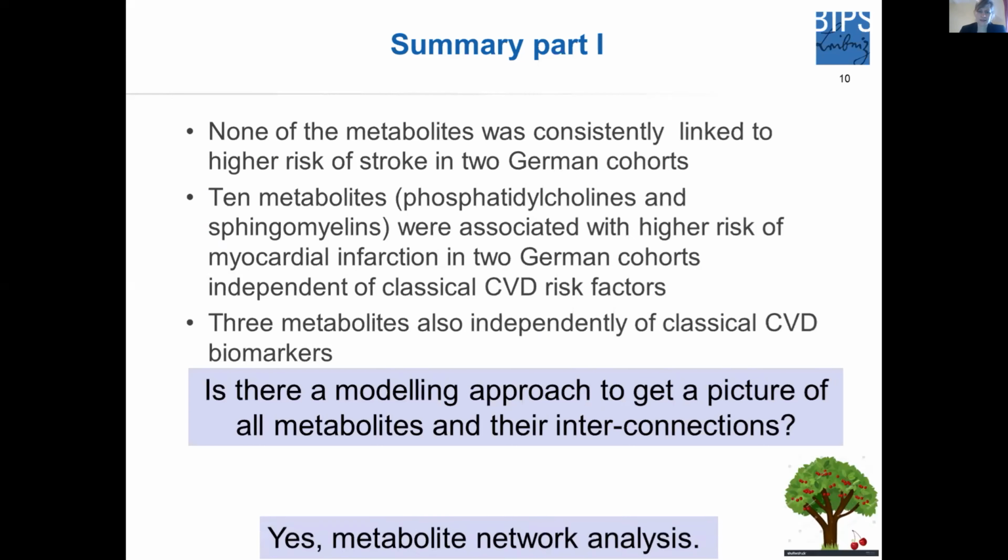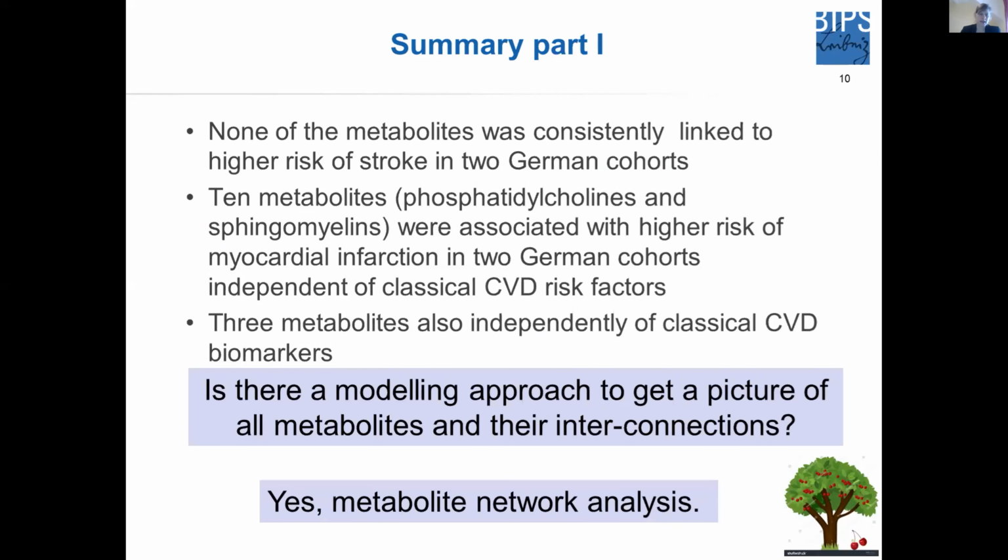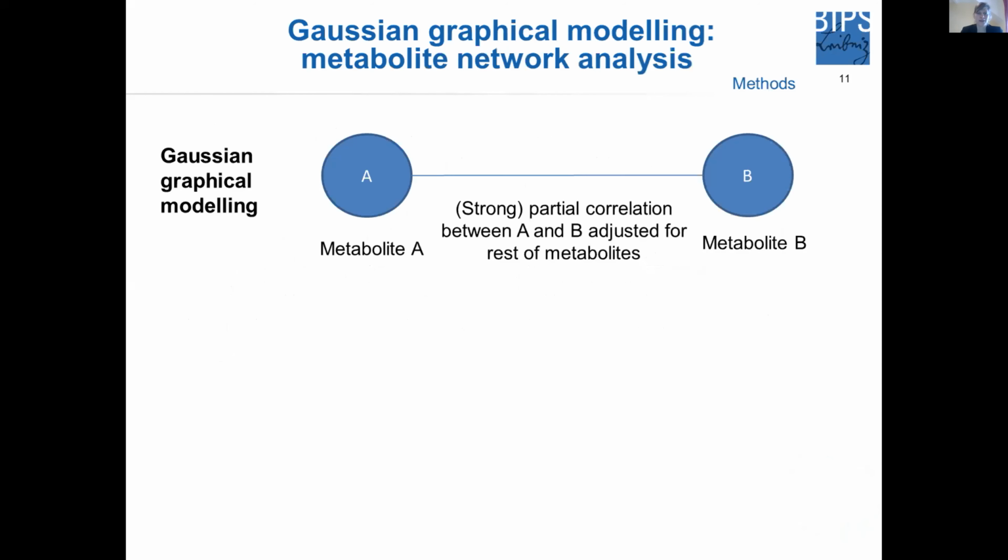And yes, you can use metabolite network analysis. I want to go into a bit of detail here. So, metabolite network analysis in a nutshell: we use Gaussian graphical modeling. Usually when you have metabolomics data, your metabolites are highly correlated, and it is really difficult to sort out the meaningful and true correlations.